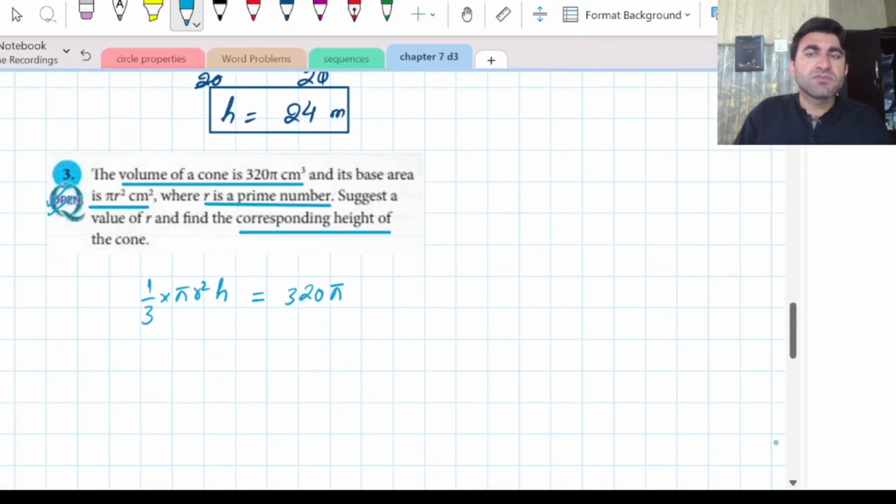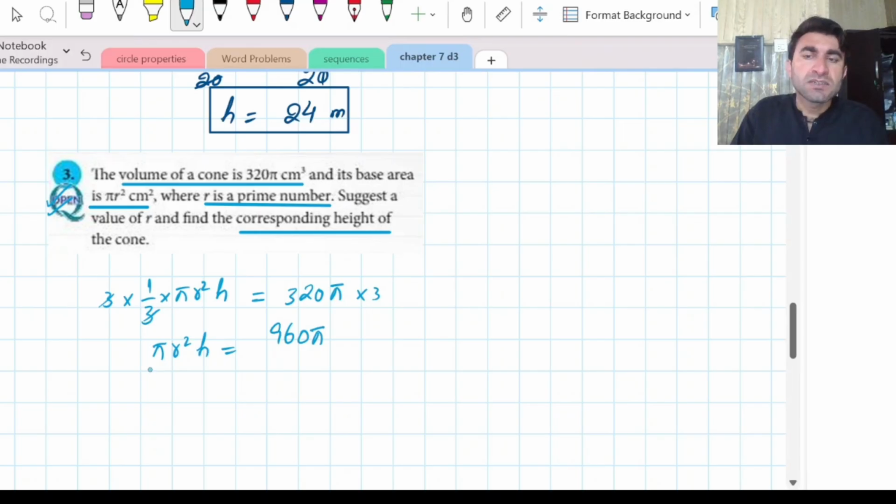Now as we are to find the value of height, first we will make h the subject and then suppose some value of r. First of all, I am multiplying 3 on both sides in order to get rid of the 3 in the denominator. So it is pi r square h, which equals 320 times 3, it's 960 pi.